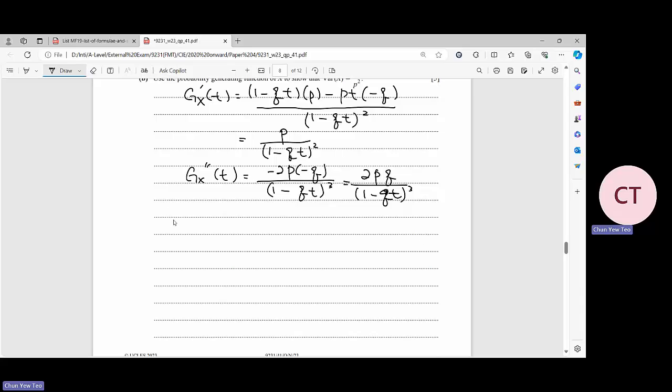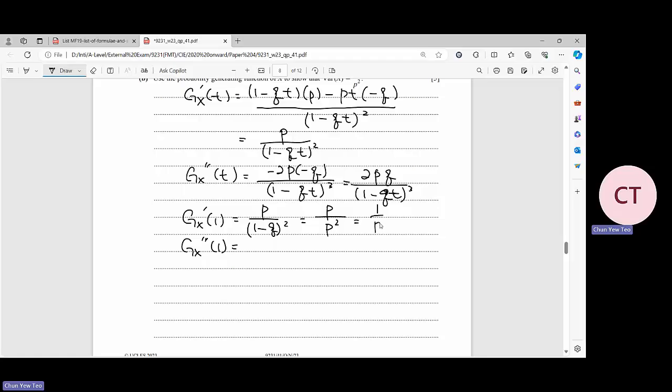Then to find the variance, the variance is actually the formula. I think we better find out the value of G_X prime 1 and G_X double prime 1. So this one, if you substitute it, you will get 1 minus the 1 minus q square. But 1 minus q, we know that 1 minus q is p.